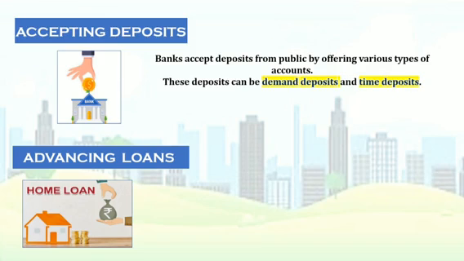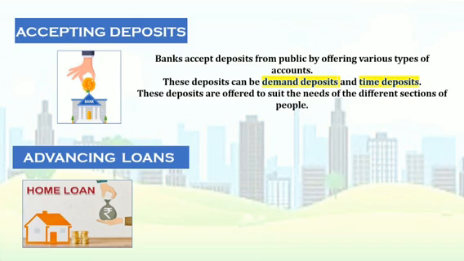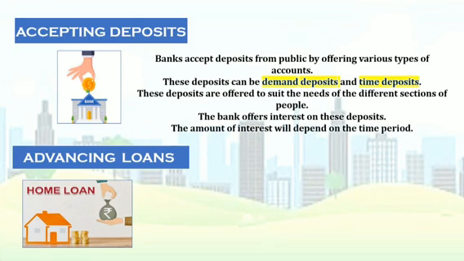These deposits can be demand deposits and time deposits. These deposits are offered to suit the needs of the different sections of people. The banks offer interest on these deposits, and the amount of interest depends on the time period.